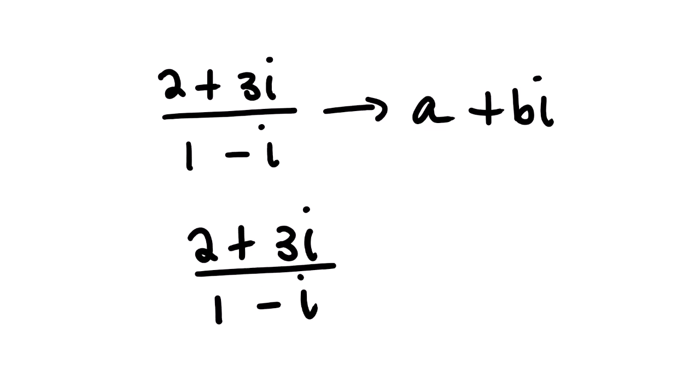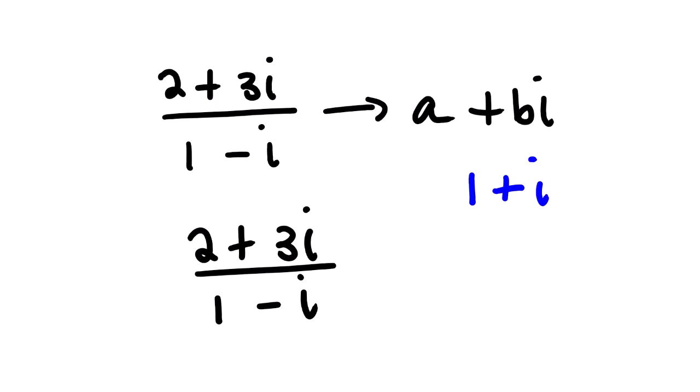Or we normally say it's a complex conjugate of this denominator. Now, what is the complex conjugate of this denominator? Since between the two terms, between 1 and i, we have negative, the complex conjugate of this denominator will be like this.